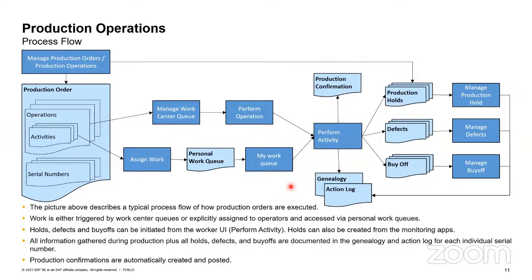So the other way is that the production supervisor can assign a particular operation activity to a specific manufacturing user. That is also possible. So using the assign work app, the production supervisor can assign the operation activity to the manufacturing user, and the operator will be able to see it in the my work queue app.